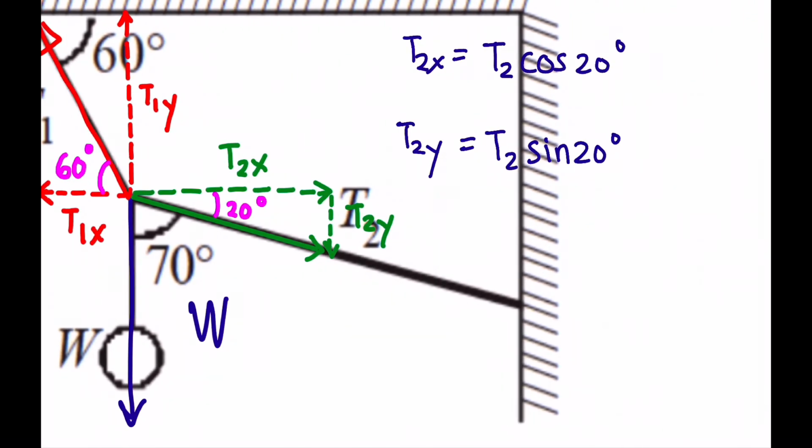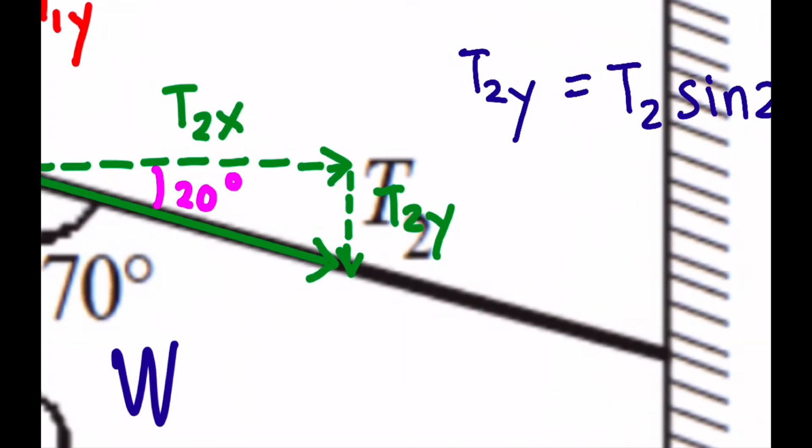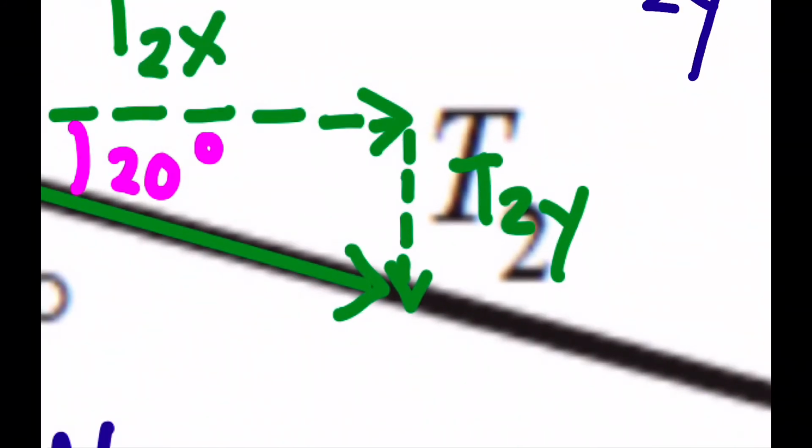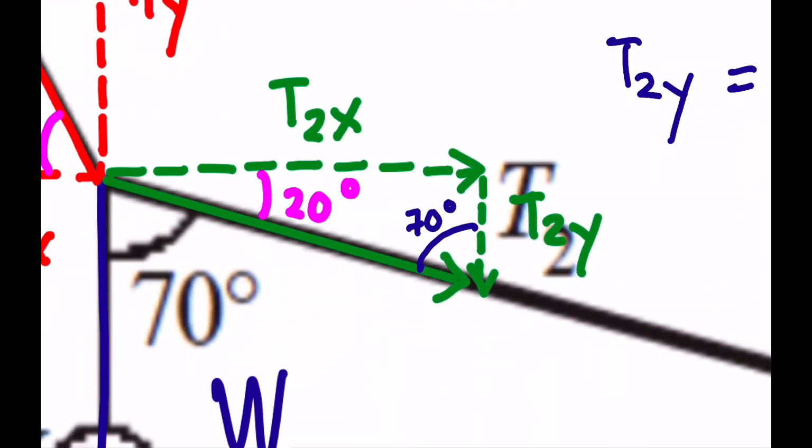However, if the angle that we would utilize is the 70 degrees, notice that 70 degrees is actually the same as this angle right here. This is 70 degrees. And by virtue of alternate interior angles, so these are actually alternate interior angles, they should be equal.